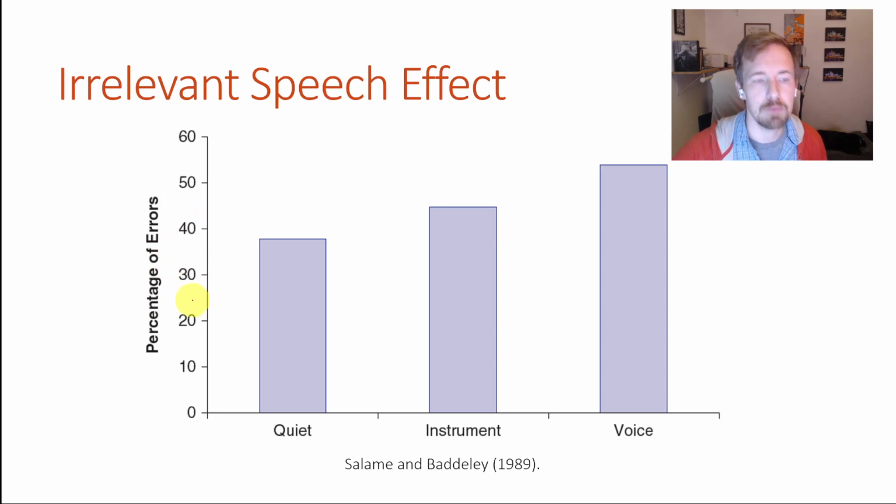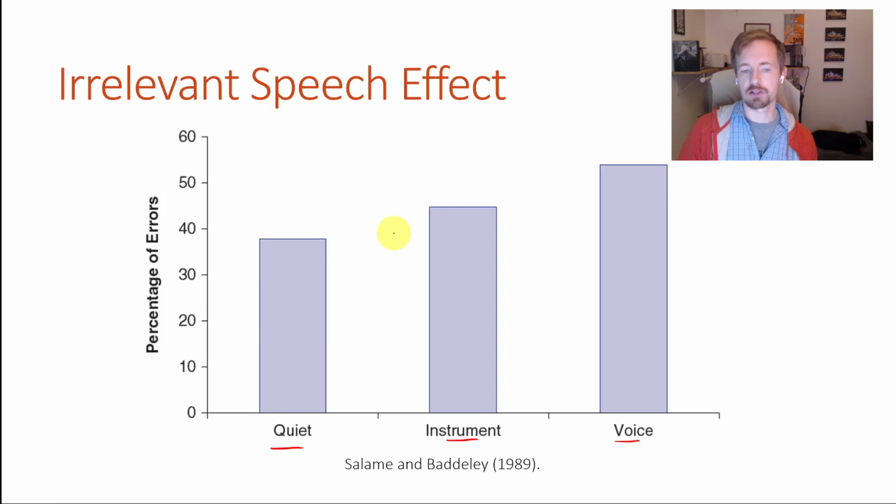So whenever people do this task, this task from Baddeley, our good friend who kind of conceptualized working memory to begin with, he had 3 different conditions. One where it was completely quiet, one where there was instrumental music playing, and then one where there was a voice that was talking while people were trying to remember those words.